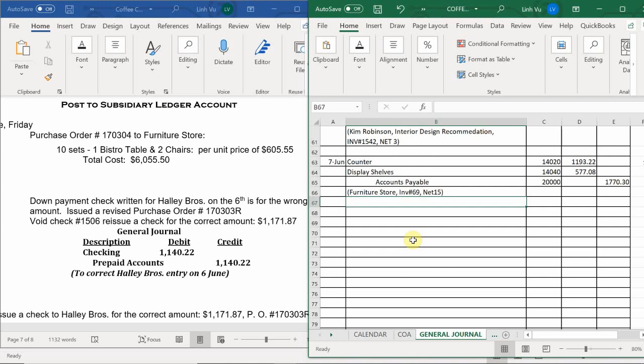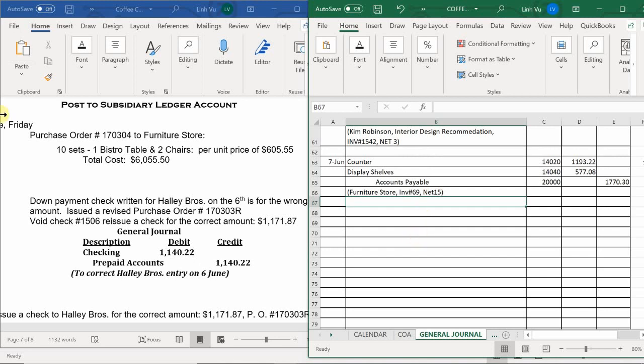I don't know what we bought from her. This is the same one. What happened here? We buy down payment check, right, on the 6th is the wrong amount.